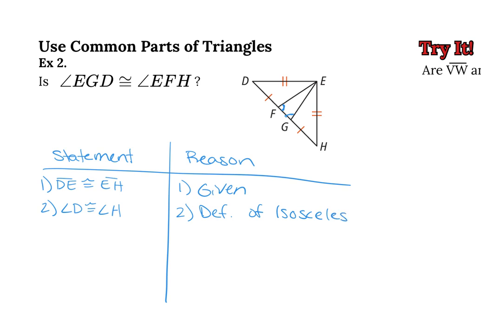Change my color. So I know that this is congruent to this. Three, I have another given, so DG is congruent to HF.